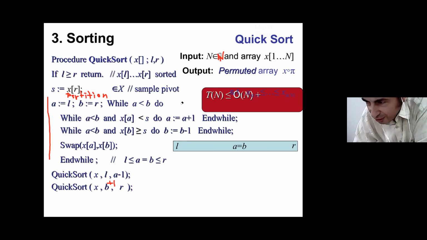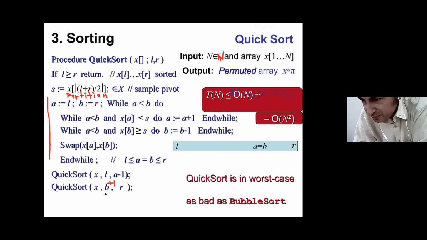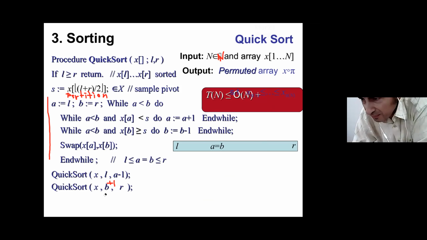The complexity depends on the size of the arrays which are put into the recursive calls. Order n is the partition piece, and you have two recursive calls.